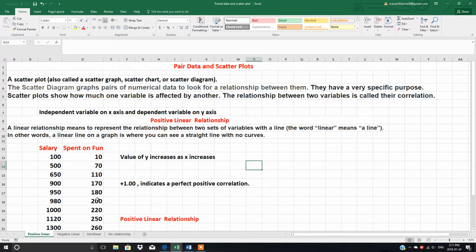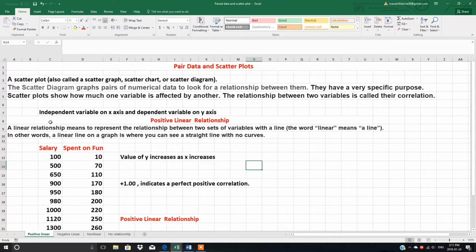This is just a supposition. As the salary increases, the amount you spend on recreation increases. So one variable increases, the other increases. This is called a direct relationship, or a positive linear relationship, or directly proportional. Directly proportional means if one variable increases, the other increases.